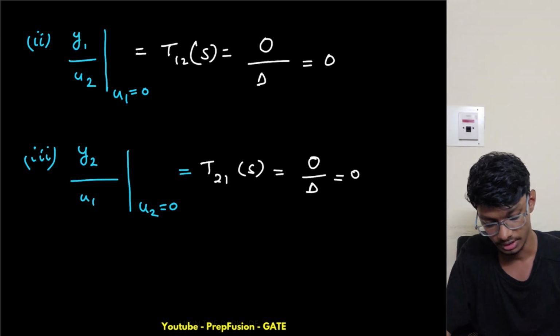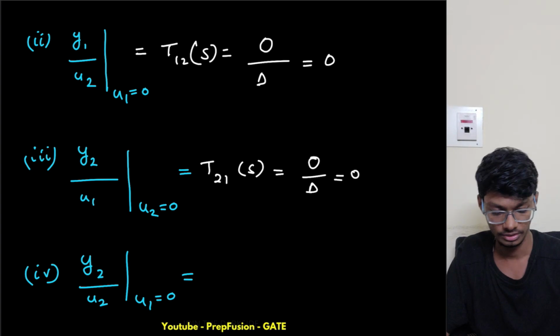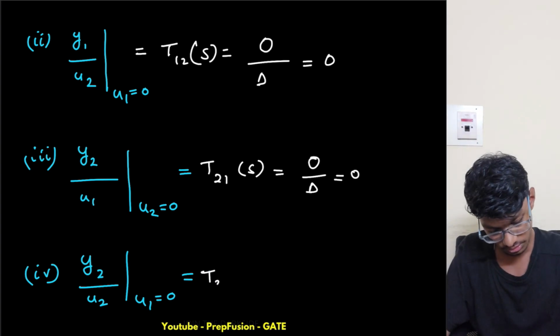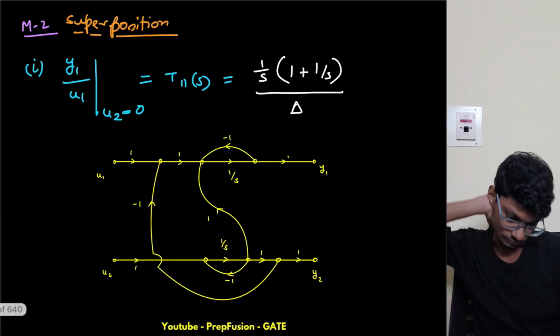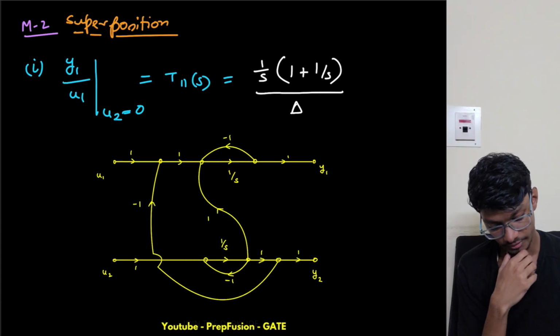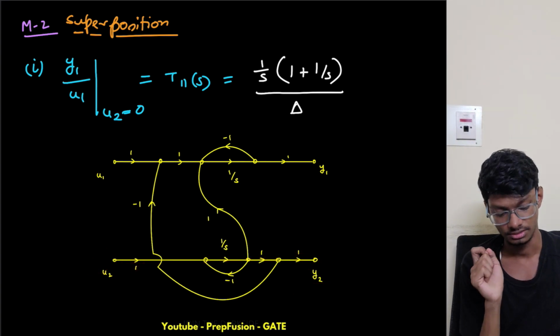Now the last one, I have to find y2 upon u2 when u1 is 0. This is T22 of s. I have to go from u2 to y2. I can see one forward path. Is there any other?